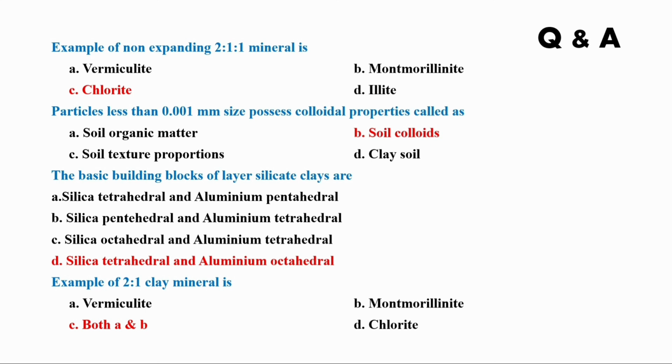The basic building blocks of layer silicate clays are, option D is the correct answer, that is silica tetrahedral and aluminum octahedral. The last question is, example of 1:1 clay minerals is option C, both A and B, that is vermiculite as well as Montmorillonite.